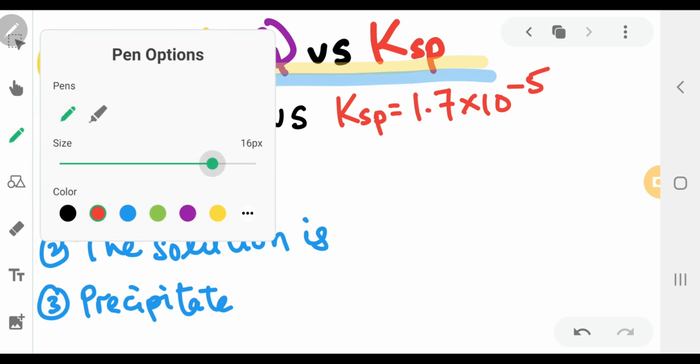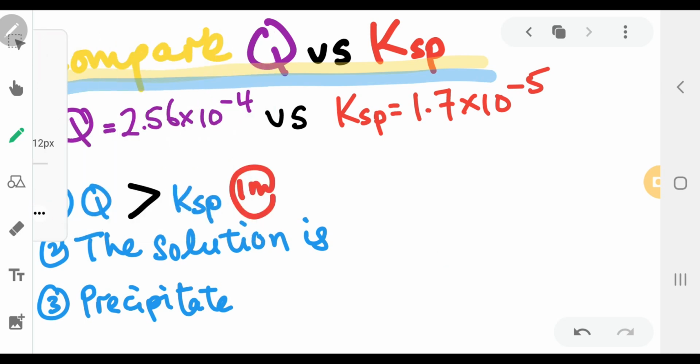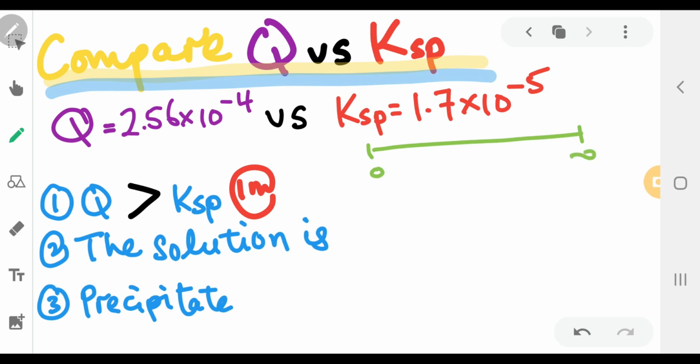And through that conclusion, you can imagine that, remember, we have the scale just now from 0 until infinity. In the case of Q bigger than KSP, your Q would be closer to the infinity value, and your KSP would be closer to the 0 value right here.